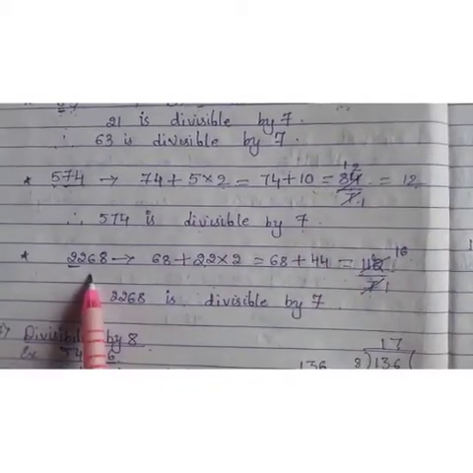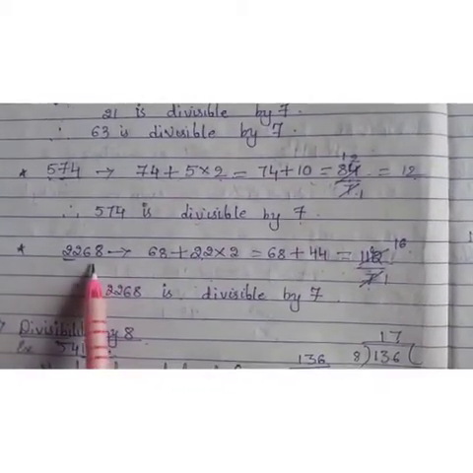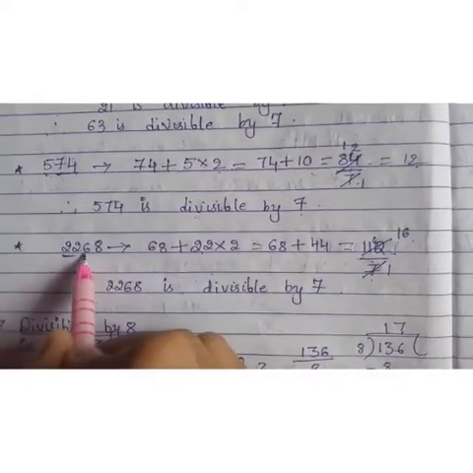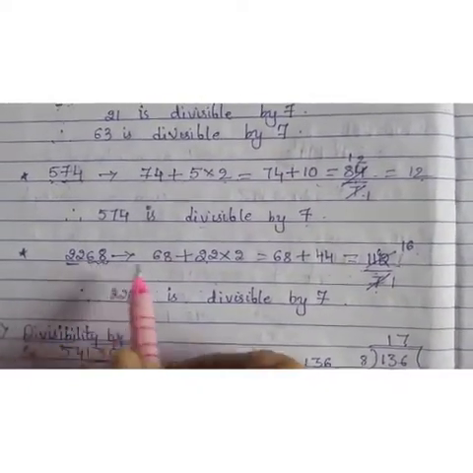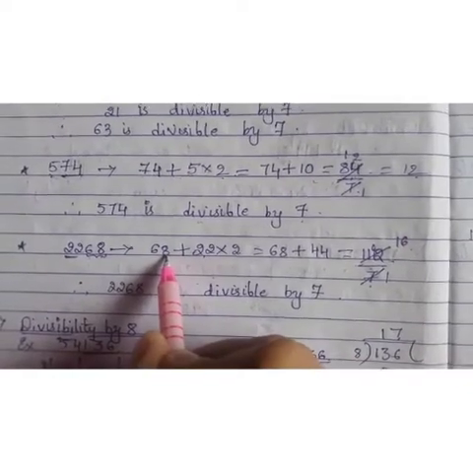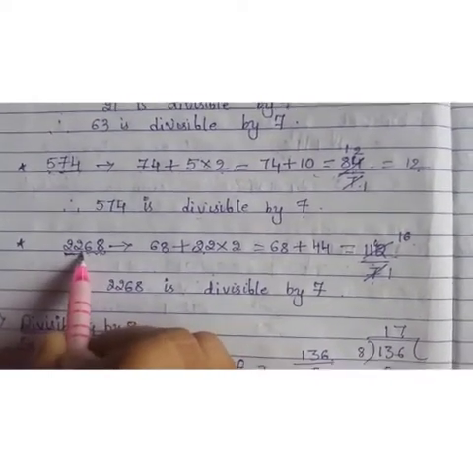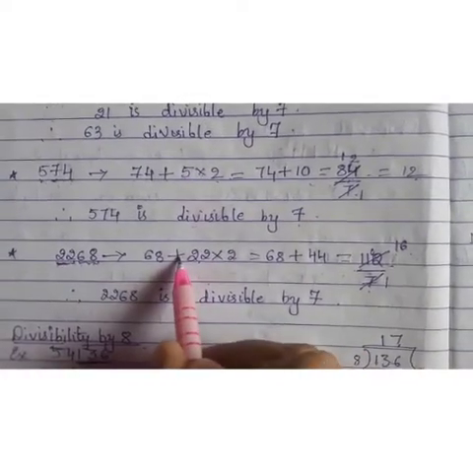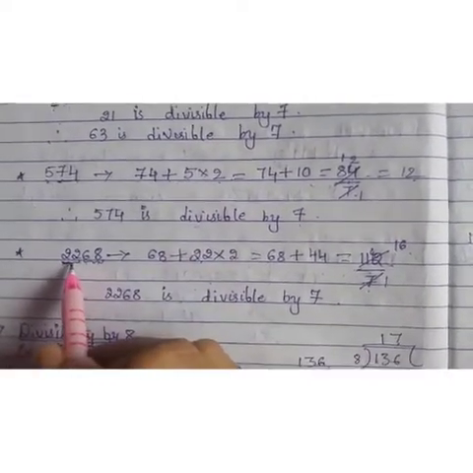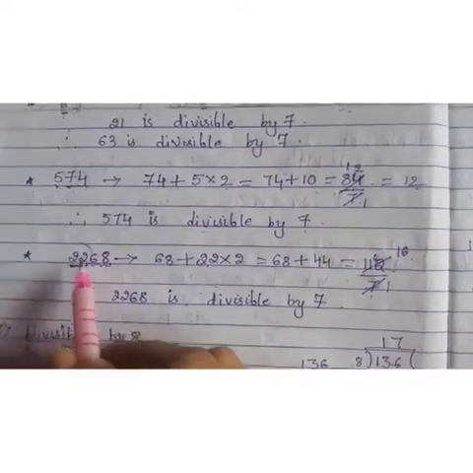Similarly, if you take a 4 digit number, the last 2 digits, that is in tens and ones place, we have 68. So write it as it is. Next, which are the remaining digits now? It is 22. Next you have to add it with twice the remaining number.